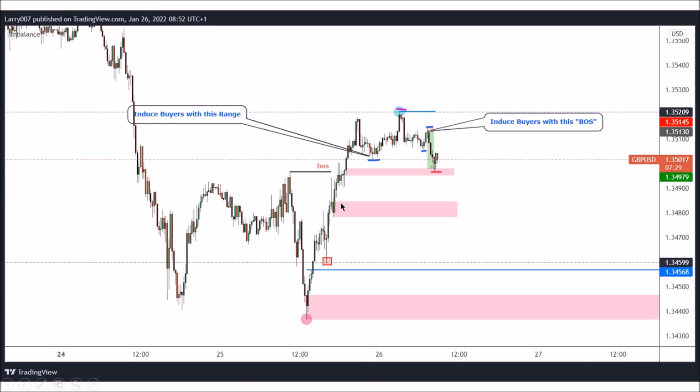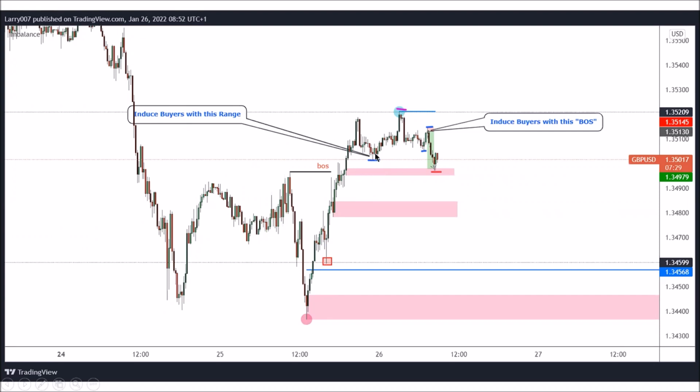So what is this perception about? Here you can see this range from low to high. And then you can see this small range. This is the 15-minute chart. You can see this small range here. For me, this is what inducement is about.